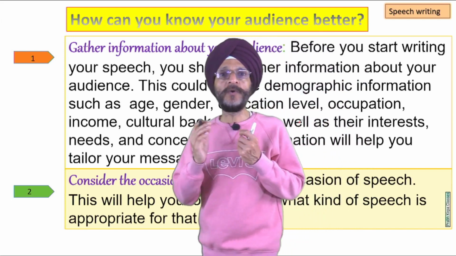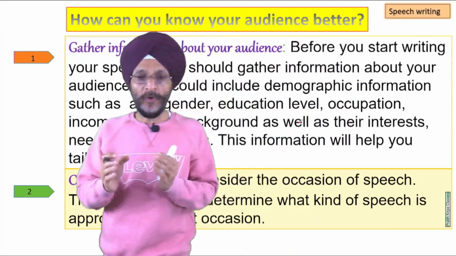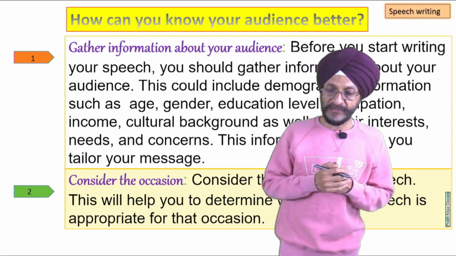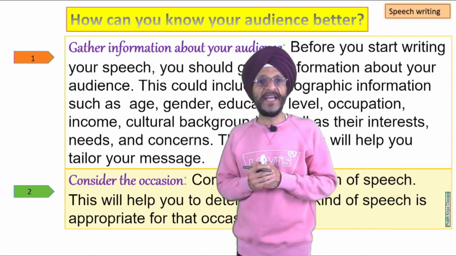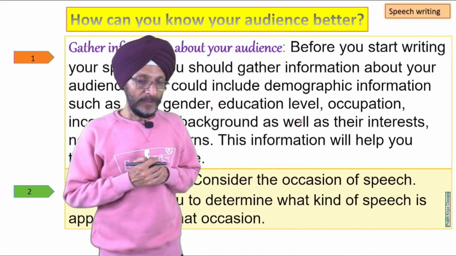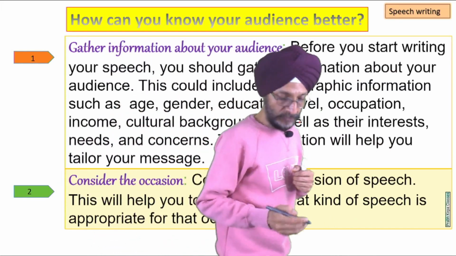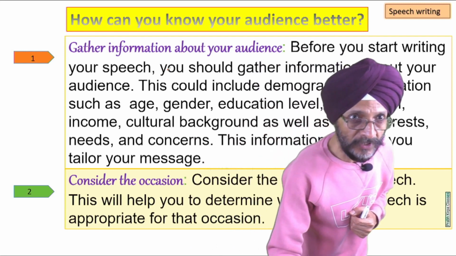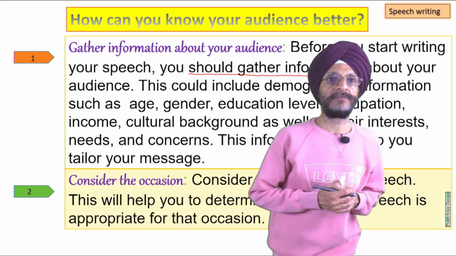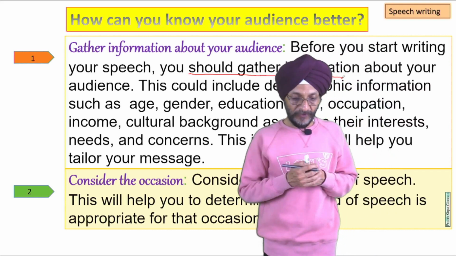Now, how can you know your audience better? There are some points. First is gather information about your audience. Before you start writing your speech, you should gather information about your audience. What type of information?